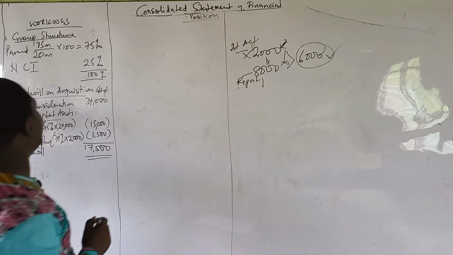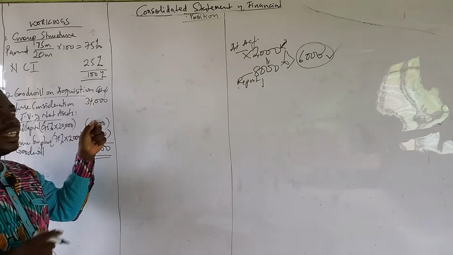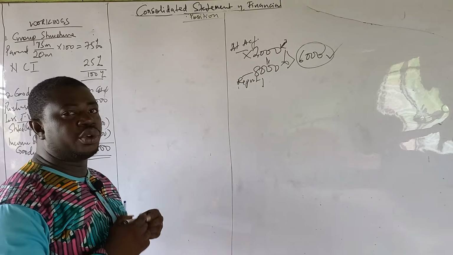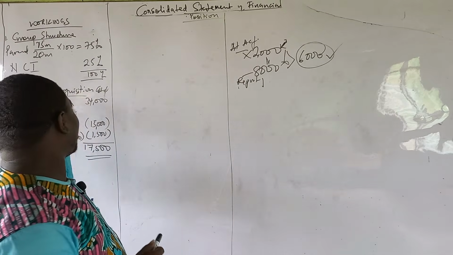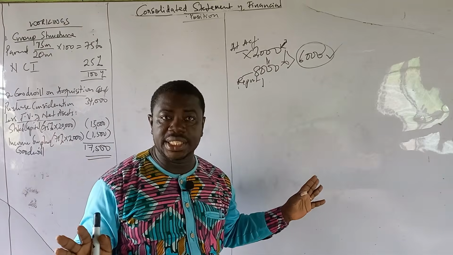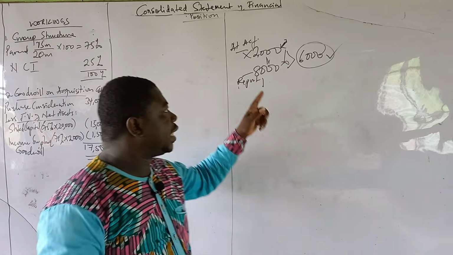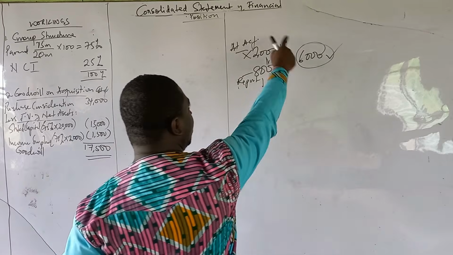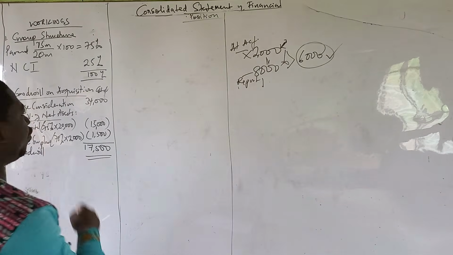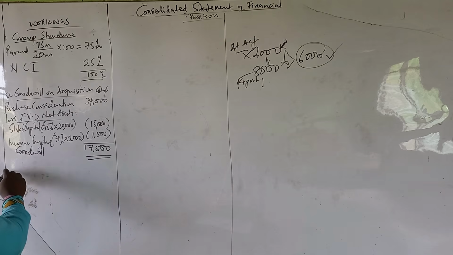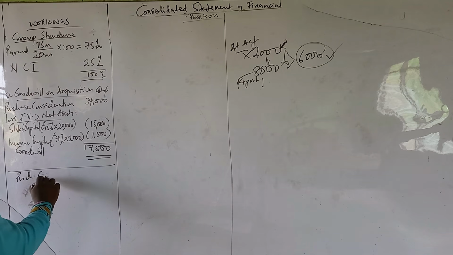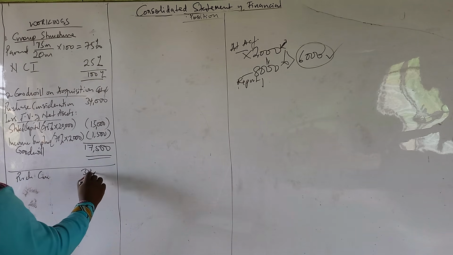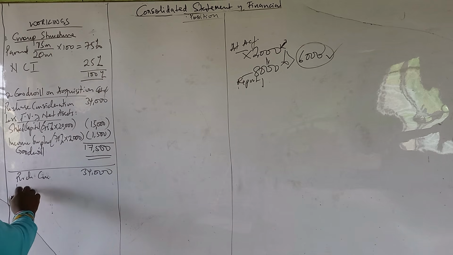Now watch, the goodwill is on acquisition. This is what makes sense. That is why I told you that the 'at acquisition' that I'm bringing is not for the sake of it. It should give you an idea that the goodwill is on acquisition. Therefore, you bring the pre-acquisition profit. Now, another way you could have done it is that, let's say, purchase consideration, as we have done, 34,000. Then you say less the equity or the net assets.